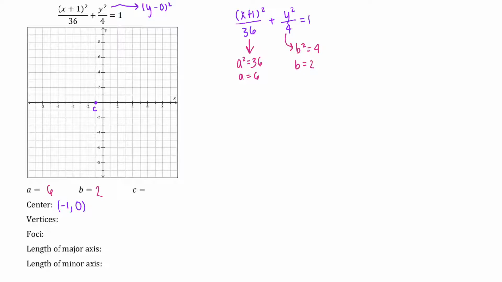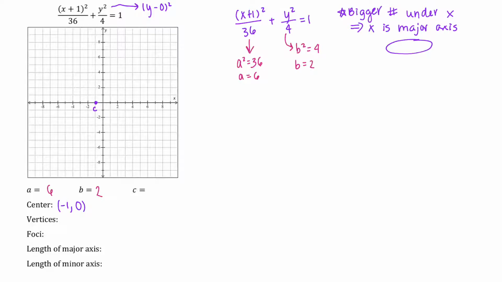Because the bigger number was underneath the x, we can say that the x-axis is the major axis, so that means we are looking at a wider ellipse.